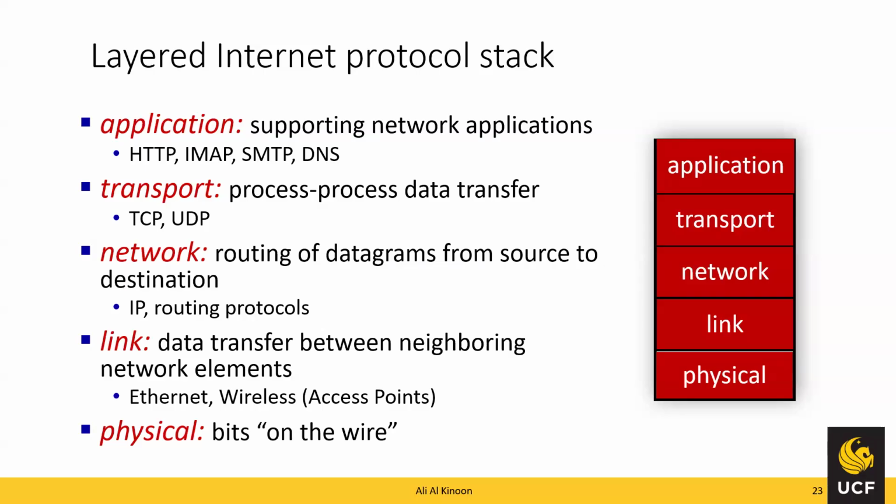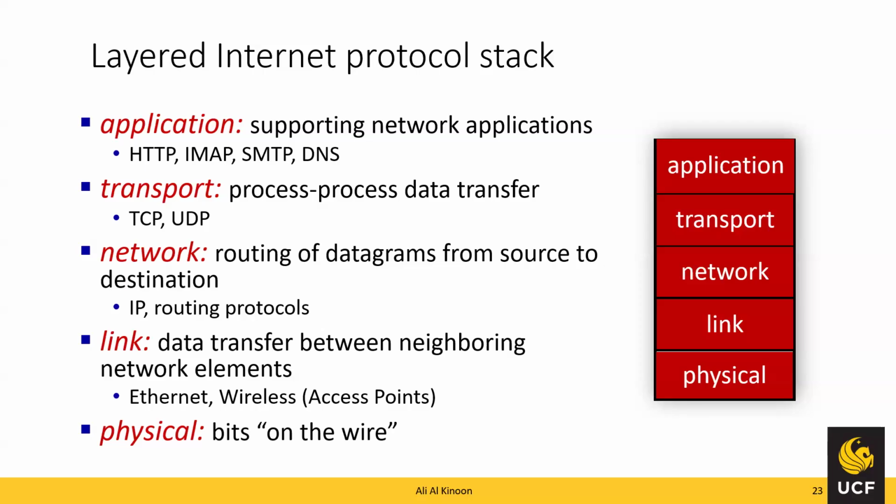So the network layer, we said, handles routing of datagrams from source to destination, and it does that with IP, the routing protocols. With routing, it does two things: it forwards the data, and it finds the best route for the data, the most efficient and quickest way possible.